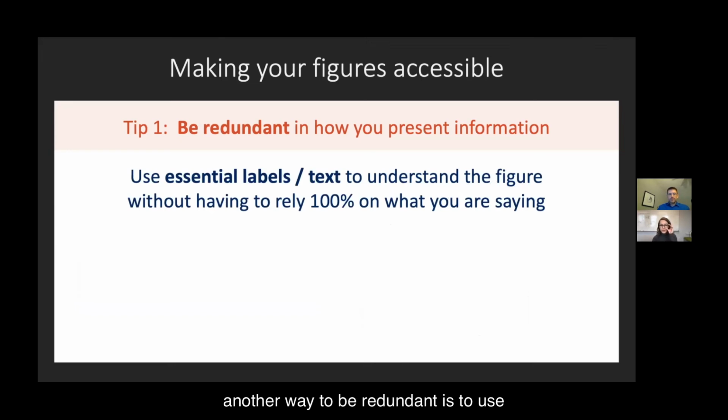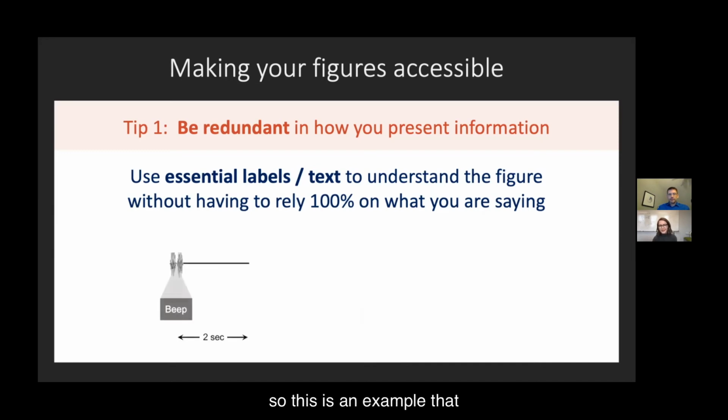Another way to be redundant is to use essential labels and text to understand the figure without having to rely 100% on what you're saying. This is especially helpful for those of us with hearing loss. So this is an example that Matt showed a little bit earlier, but I think it's great because it demonstrates what I'm saying here.